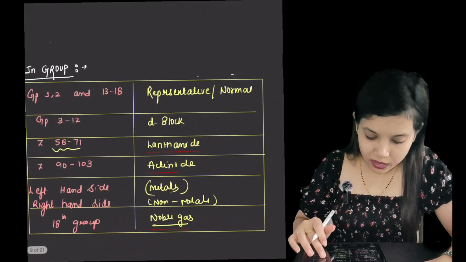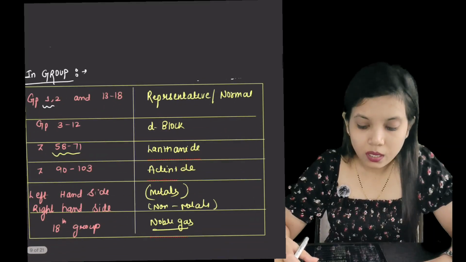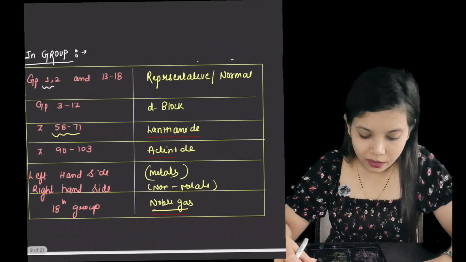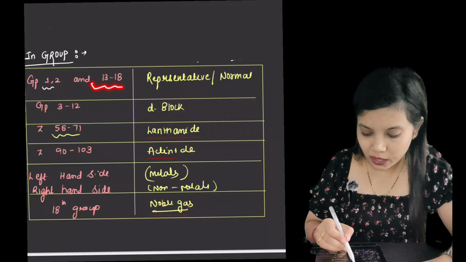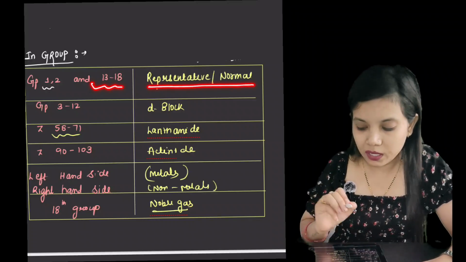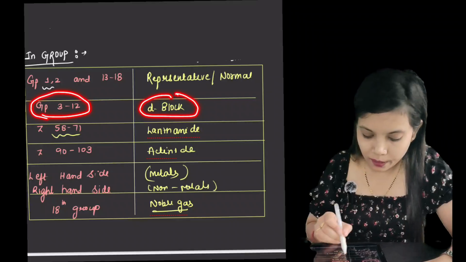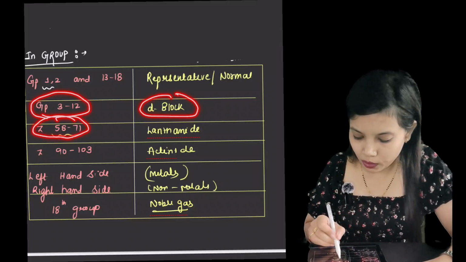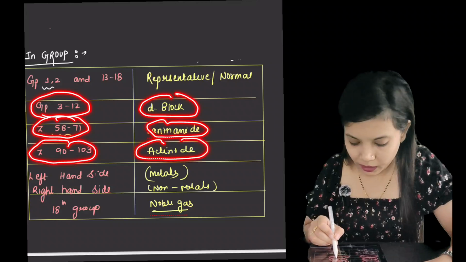Now you can see here that groups 1, 2 and 13 to 18 are called representative or normal elements. Groups 3 to 12 are D block elements. 58 to 71 are lanthanides. 90 to 103, we call them actinides.